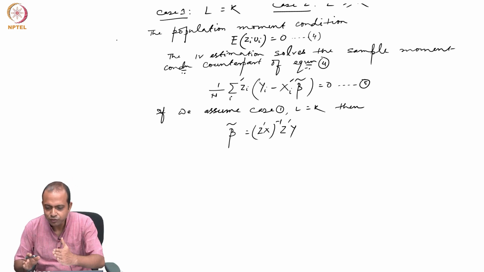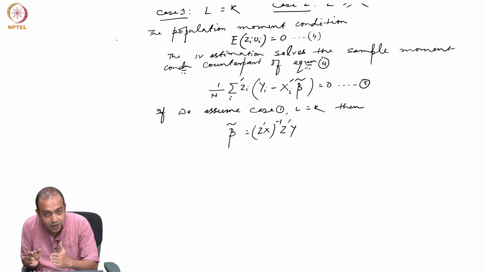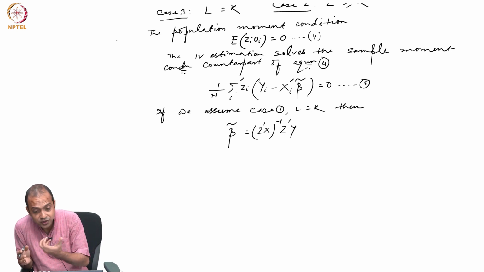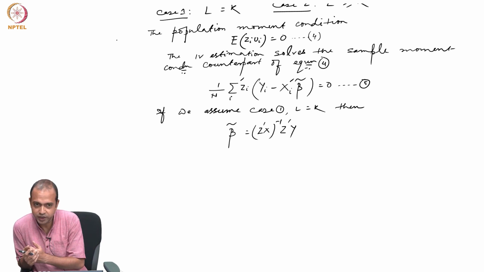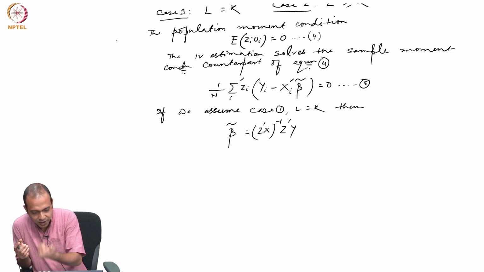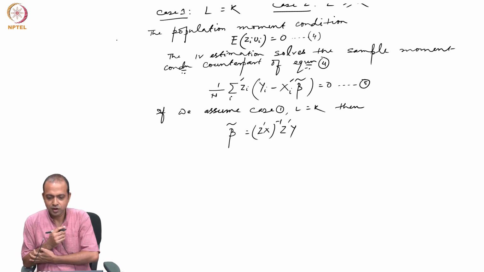So now again we have derived the IV estimators using this moment condition. Beta tilde equals Z prime X inverse Z prime Y.